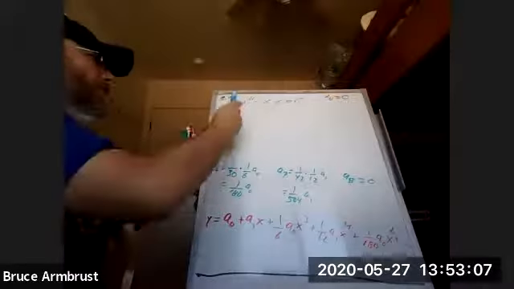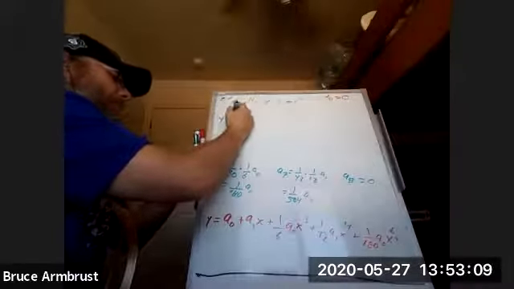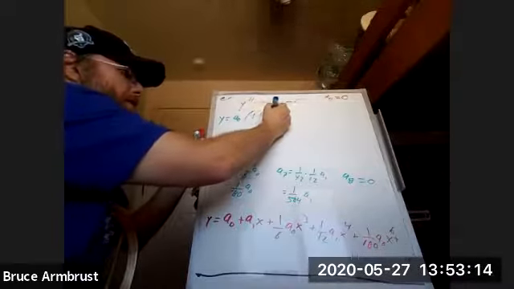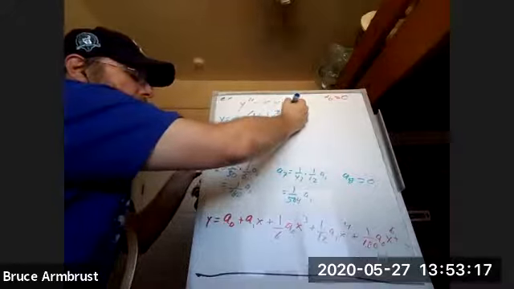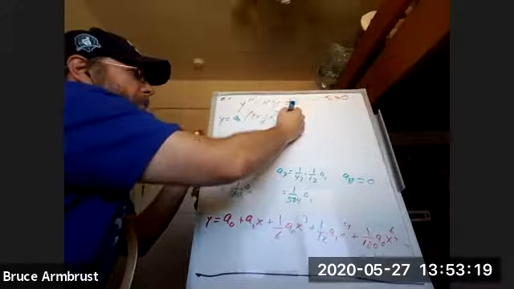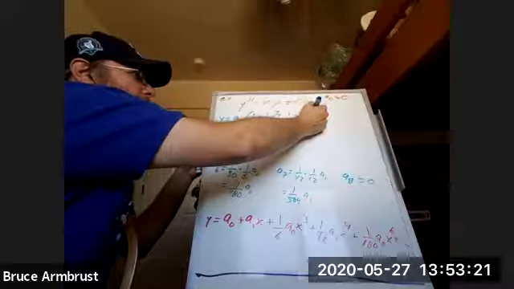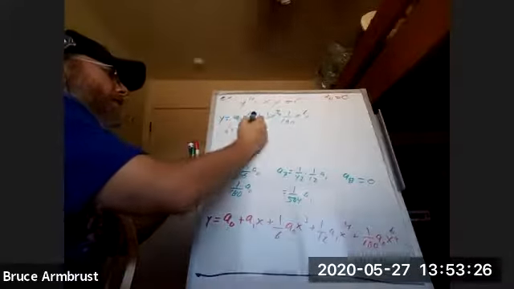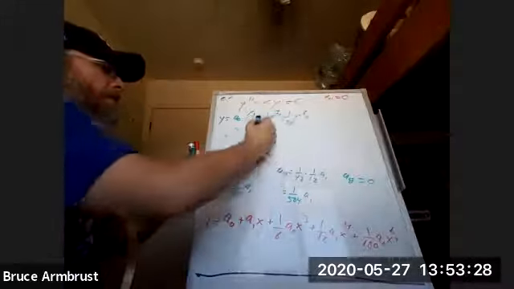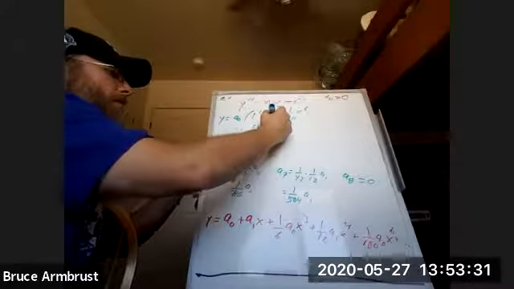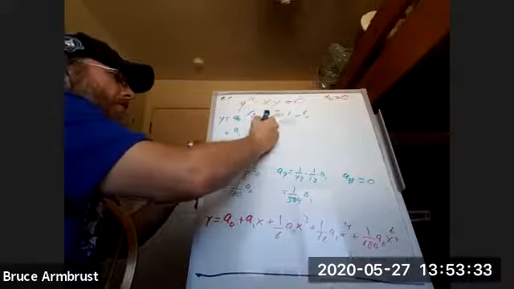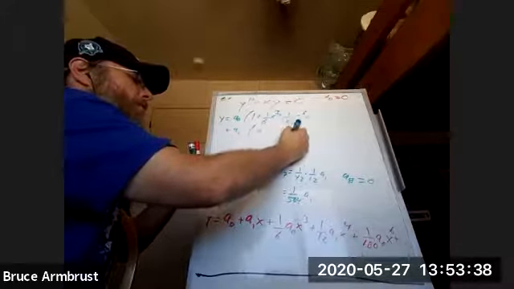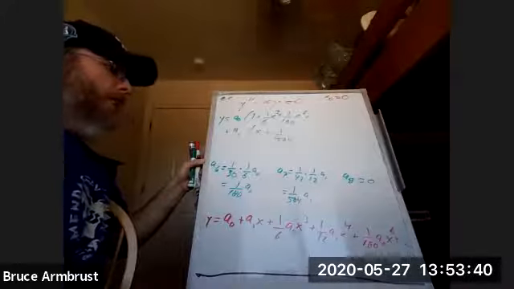So this is what our solution ends up looking like. It's going to be A0 times 1 plus 1/6 x cubed plus the next one's 1/180th x to the 6th plus, and then more, and then plus A1 times x, plus, nope, hold on.